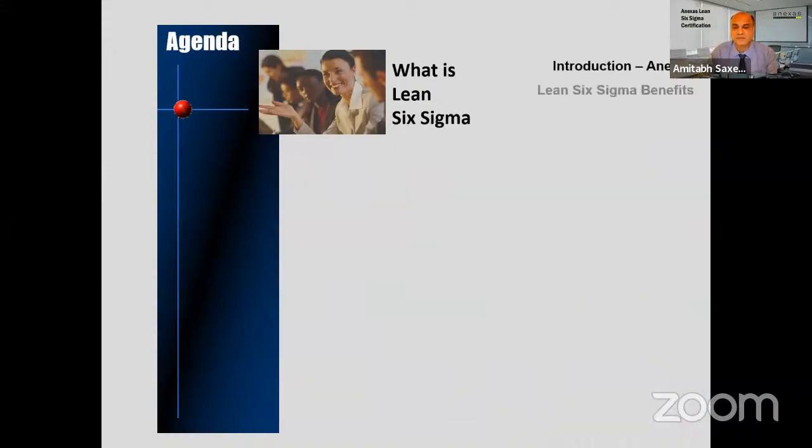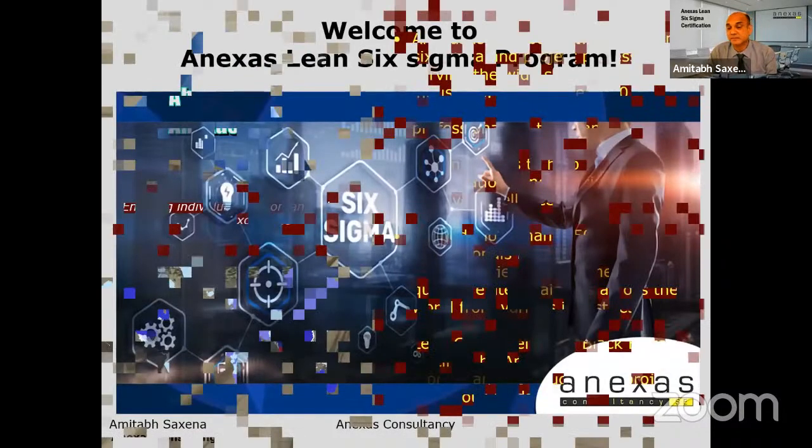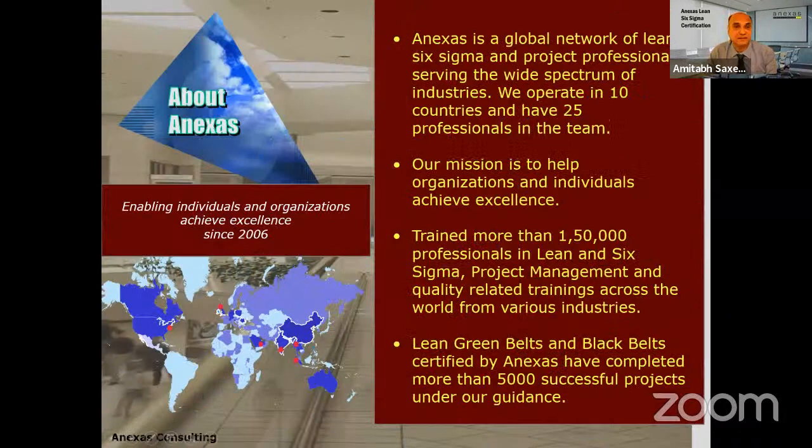Just to give you a little bit of introduction, I'm basically a chemical engineer, did my CPHQ, PMP, data scientist course. After that, I have implemented Lean and Six Sigma in more than 100 organizations around the world.